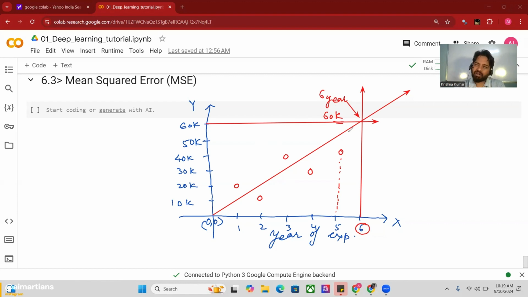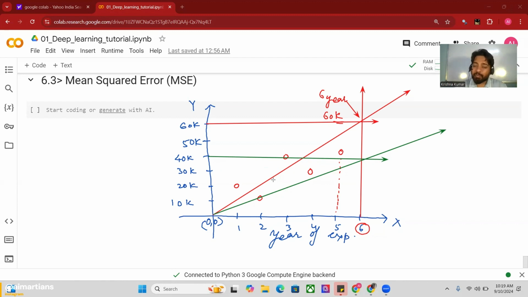But this is not a genuine kind of approach, because I created the line manually. What if I just want to change the scenario, intentionally? Let's say I am going to create a line something like this. In that case, the person having 6 years of experience will get 30K of salary, right? 30K or 40K, let's say 40K of salary. So this is intentional, right?